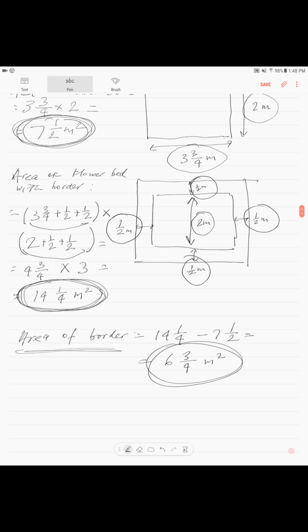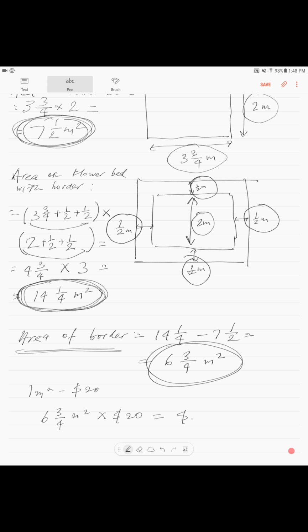The question that they ask us is how much do you need to pay if for 1 square meter you need to pay $20. So you multiply this area, 6 3/4 meters squared, times 20 bucks.